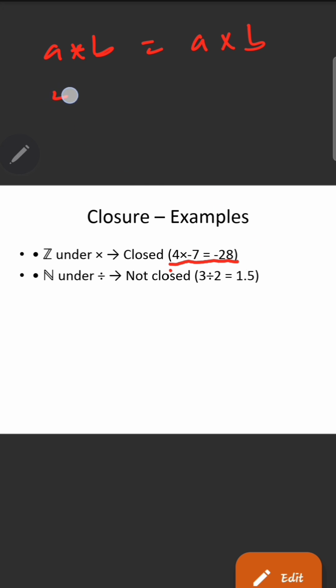So when you have 4 operation minus 7 to give you 4 times minus 7, that is minus 28.